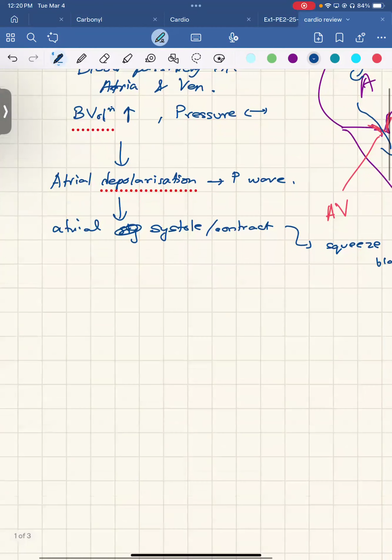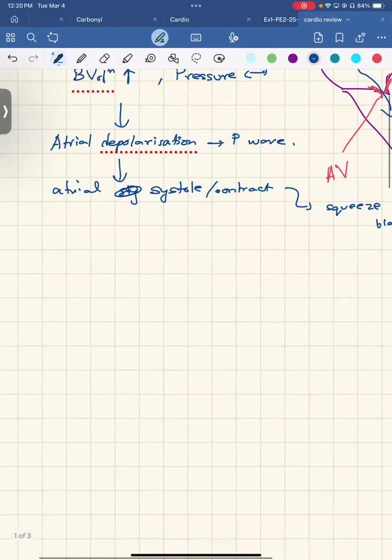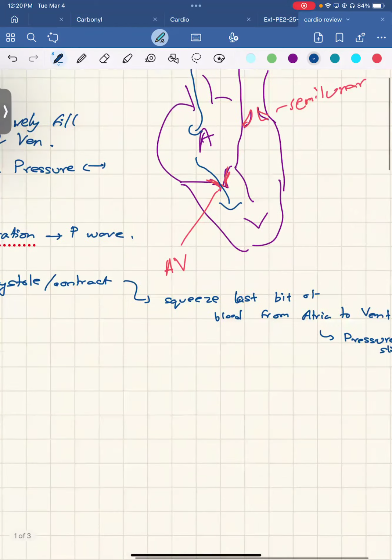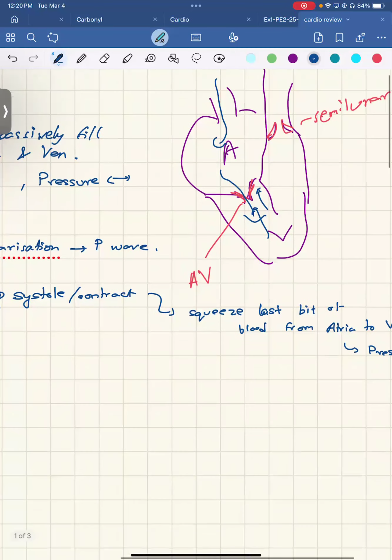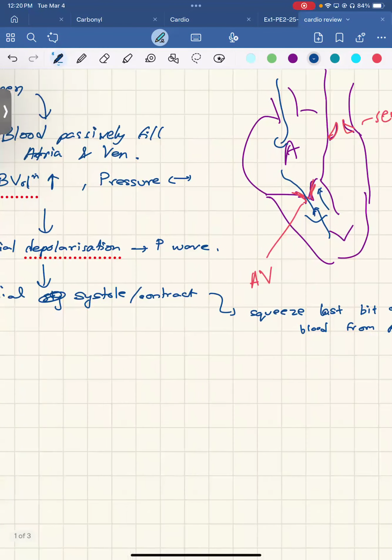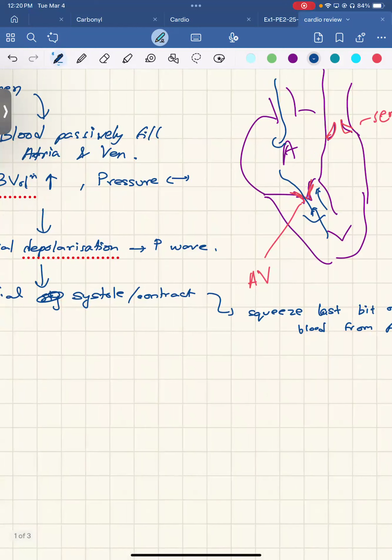And then what happens? The valve snaps closed when the pressure at the bottom is greater, because the blood pushes up to close it. But the ventricle hasn't contracted yet, so that wouldn't happen. That's when you're squeezing it, and the ventricle didn't start squeezing yet.